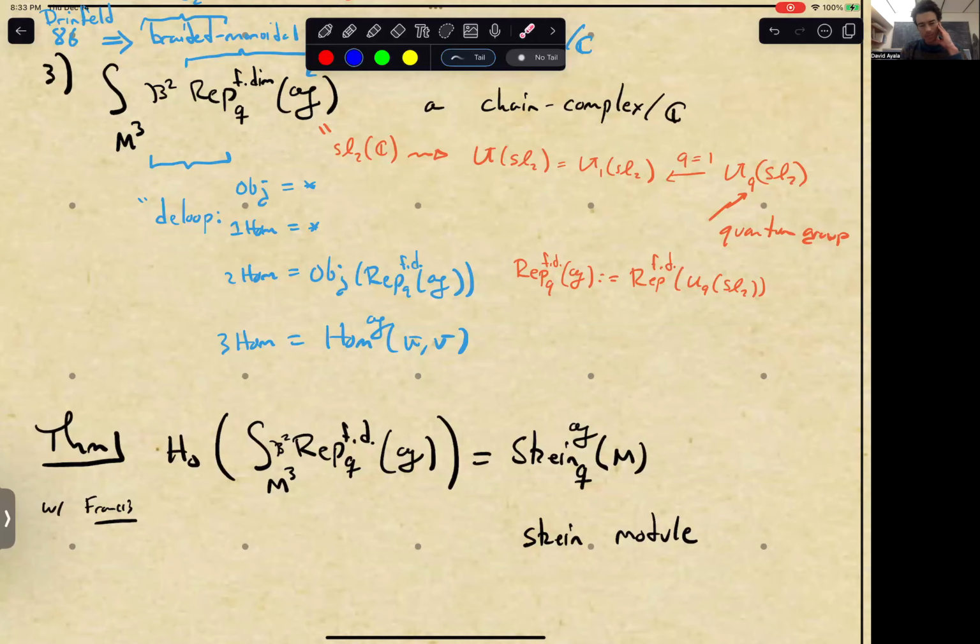So this SL2Z, this modular group, acts on this skein module, this H0? Is it a consequence of the modular tensor category?